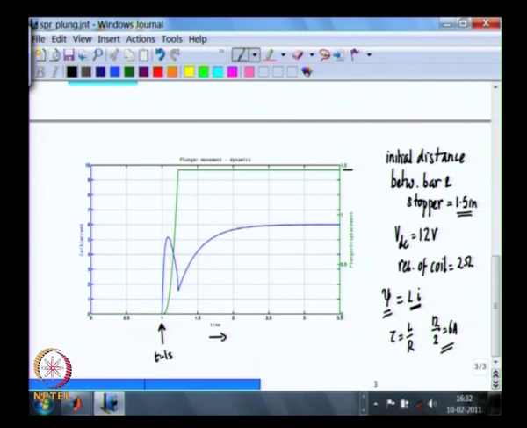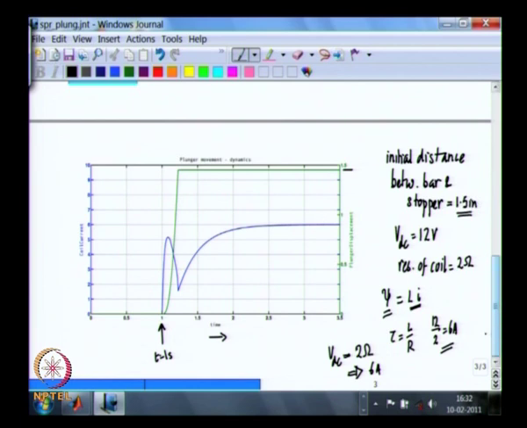If you did not know this, you would have said that applied voltage is DC and this has a resistance equal to 2 ohms, which implies that it should draw 6 amperes, and you see that it is not drawing 6 amperes immediately. There are a lot of things happening here. Ultimately, if everything settles down, no more inductance change is there, then this I settles down at 6 ampere.